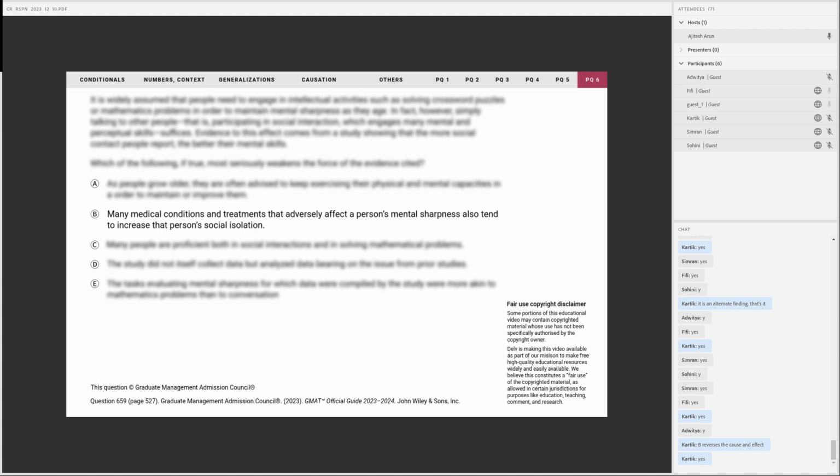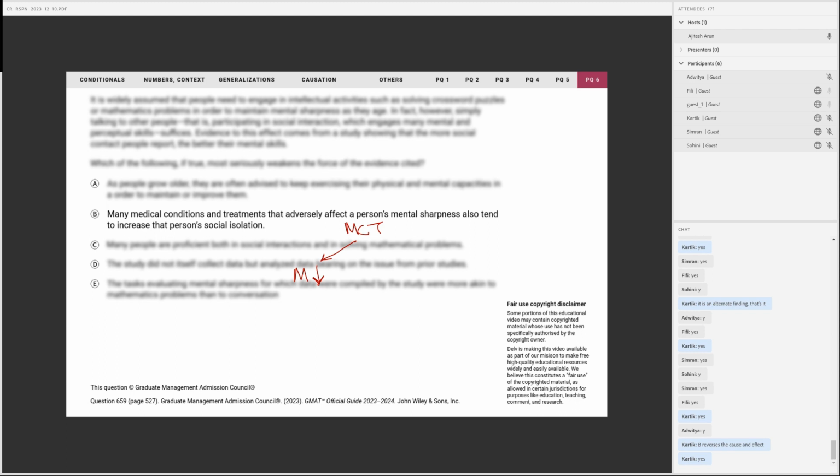Now, let's see what it's telling us. Many medical conditions and treatments, right? So I'm going to write MCT, medical conditions and treatments. What do these medical conditions and treatments do? They have two effects. The first one is an adverse effect on the mental sharpness. So I'm going to write that as M down.